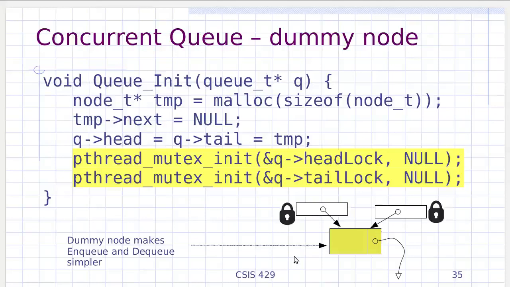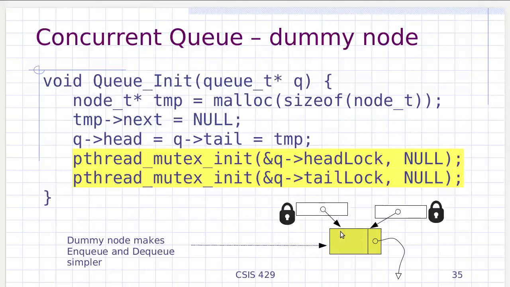Okay, so here's the one trick to making all of that code simple. That is to use what's called a dummy node. The main idea there is to have both the head and the tail pointing to one node at all times, so that they are never null.